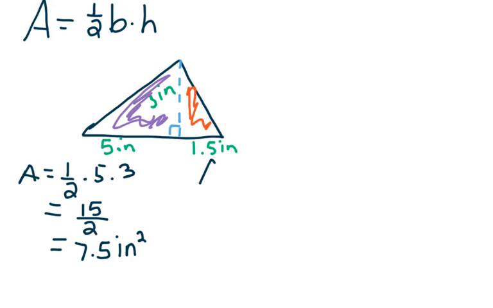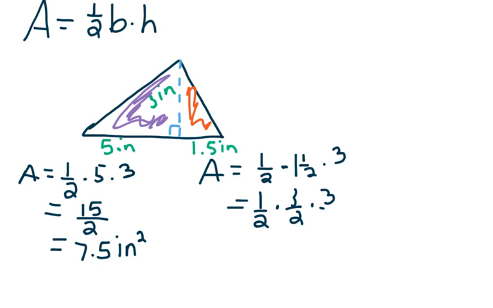And then we can do the area of the other triangle, which is going to be 1/2 times 1.5 times 3. So now we're going to have to change that into an improper fraction. So we have 1/2 times 3/2 times 3, and that can be 3 over 1.